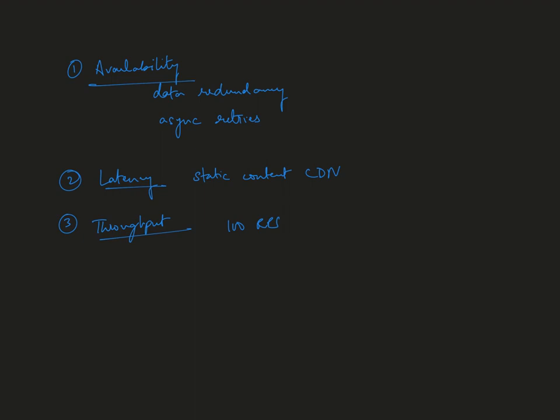We can also partition across different data centers. So you can imagine that for this donation app, we have a data center that's closer to the west coast of the US and one that's closer to the east coast. And this will not only allow us to increase the throughput, but also increase the availability as well as reduce latency, right? Because you're going to a data center that's much closer to you.